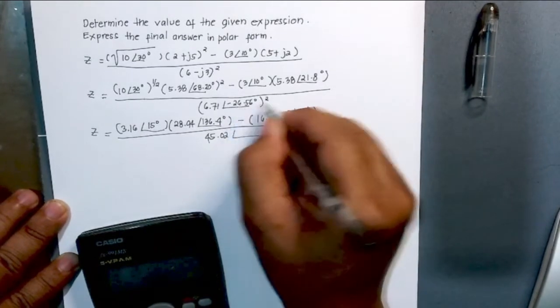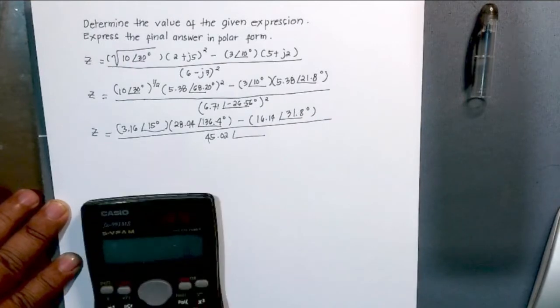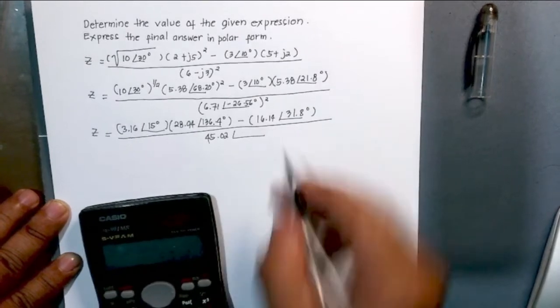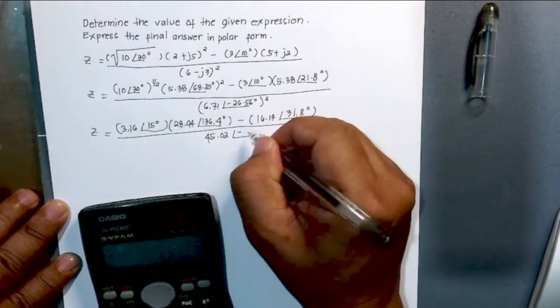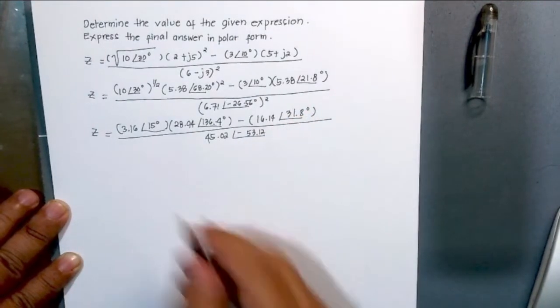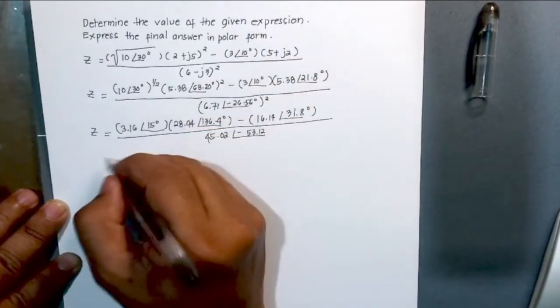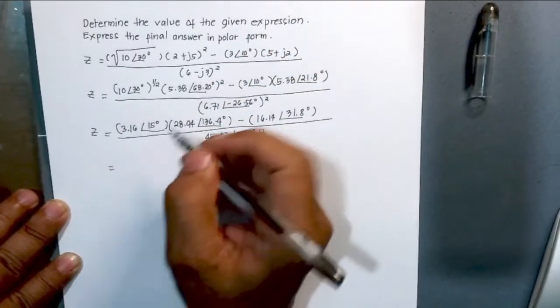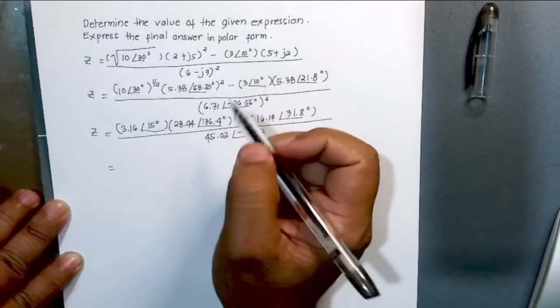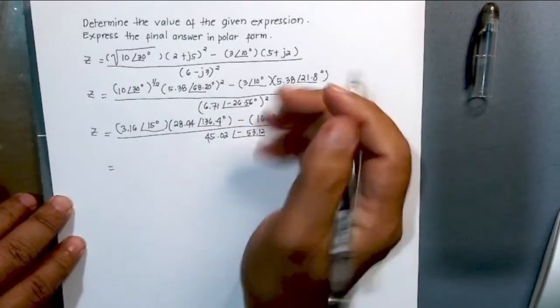Then you multiply the angle with the power, so that is 26.56 times 2, and it will give us negative 53.12. Okay, so it is getting much simpler. We are expressing now the value of this expression into a simpler form.